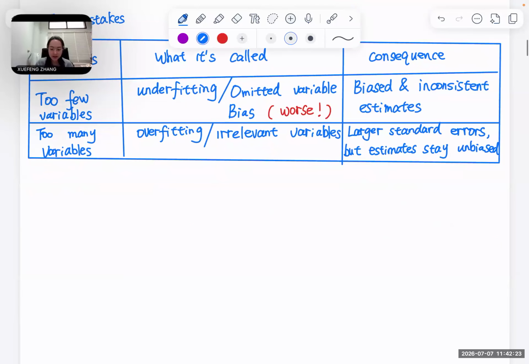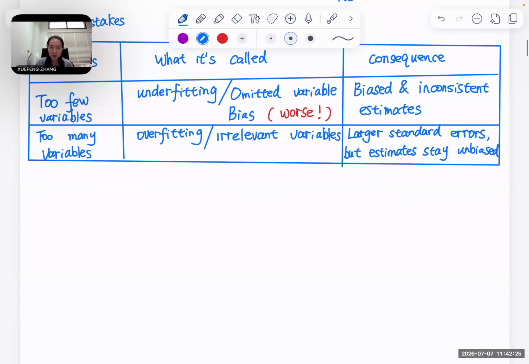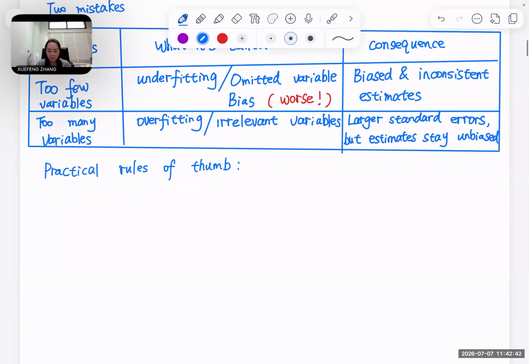And here, let me help you with the practical rule of thumb. How many X, what kind of X should you incorporate in your model?